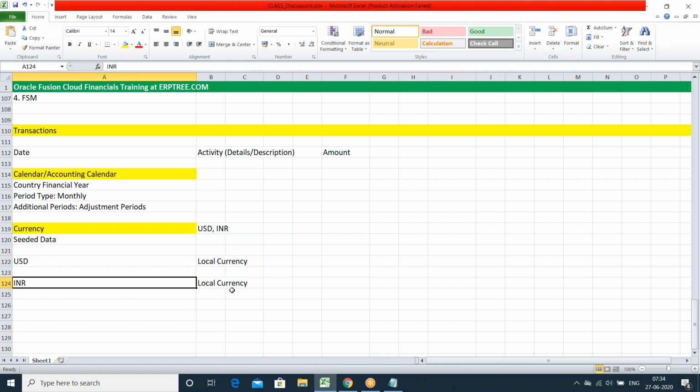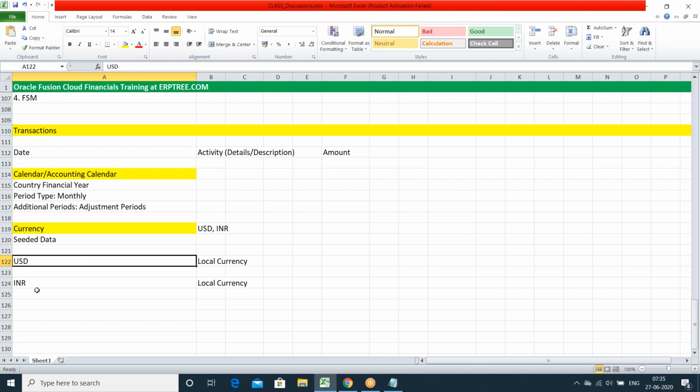For the US, INR is a foreign currency, and for India, USD is a foreign currency. For every country there are local currencies, and any other currencies they deal with are treated as foreign currencies.